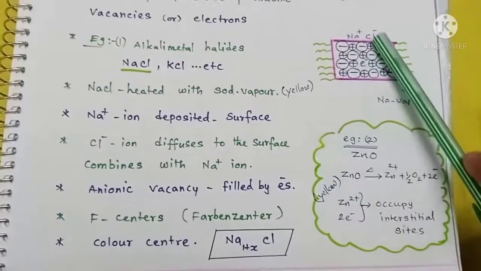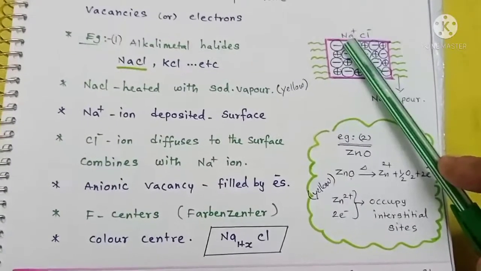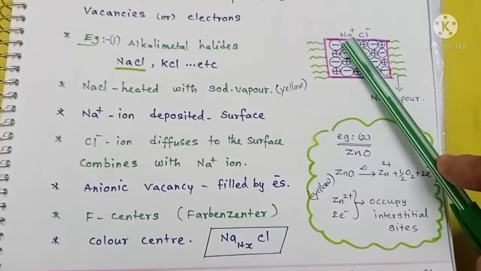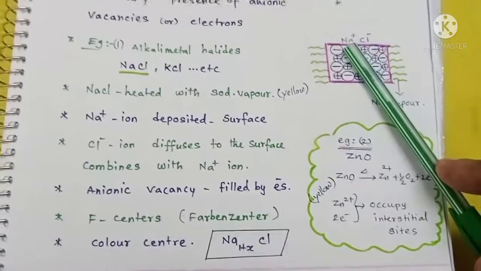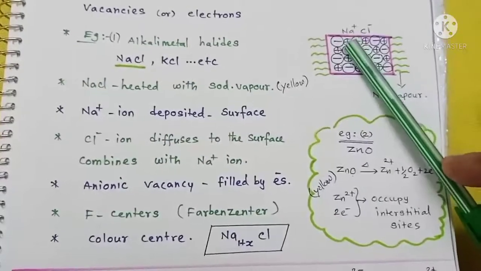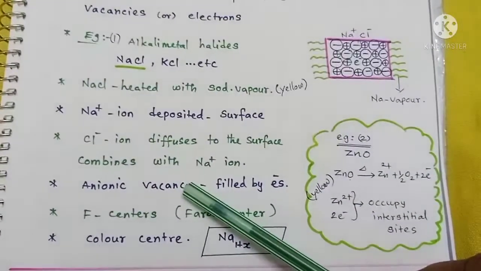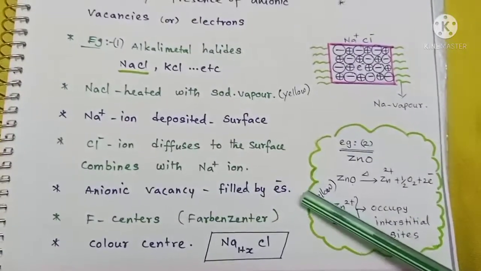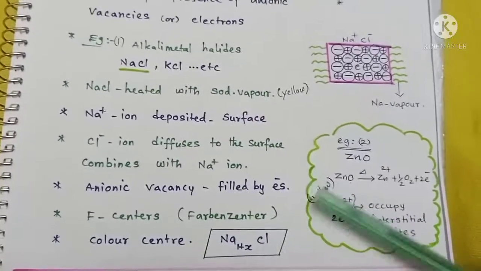That Na plus ion gets deposited on the surface, isn't it? The electron lost by the sodium atom enters the crystal and automatically fills up the anionic vacancies. That is the way the neutrality of the compound is maintained. The neutrality remains unaffected.